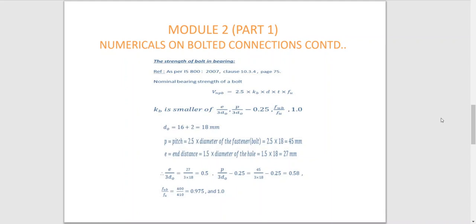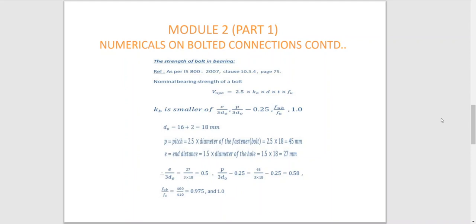Then again we refer to the code book. P, that is pitch: the minimum pitch value is 2.5 times the diameter of the bolt, so we get it as 40 mm. End distance, or edge distance, is 1.5 times the diameter of the bolt hole, so we get end distance as 27 mm.